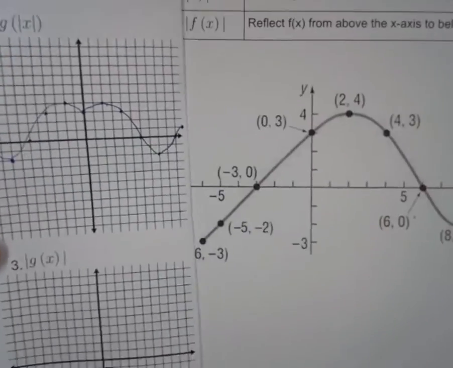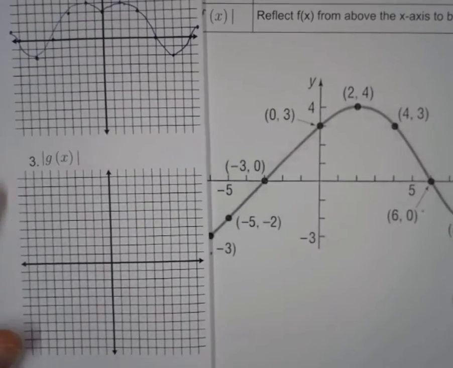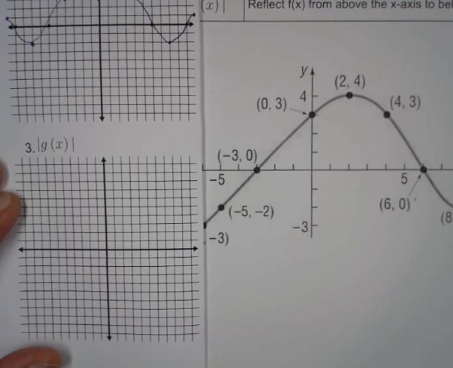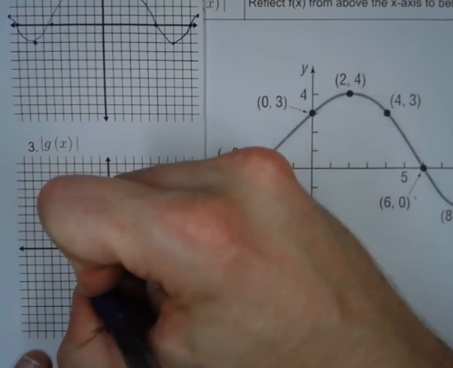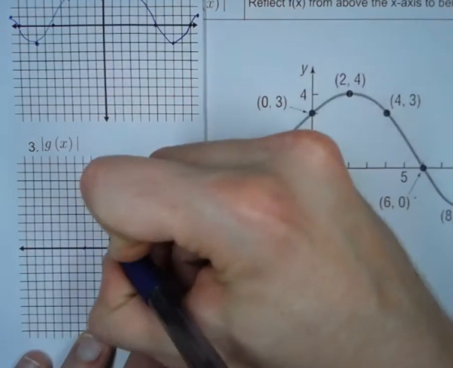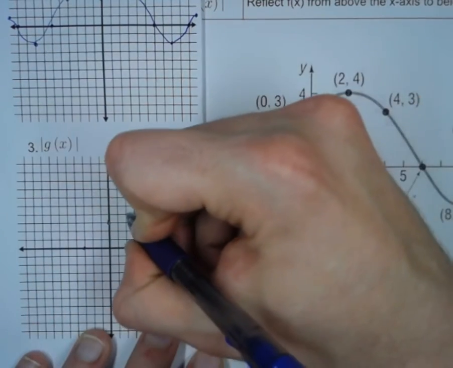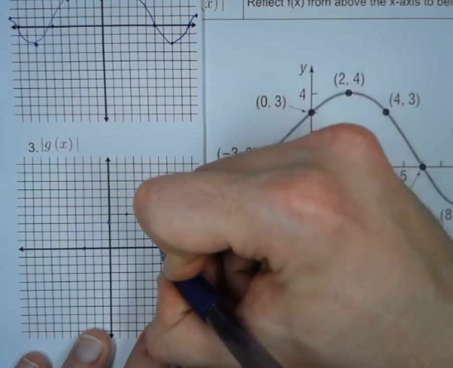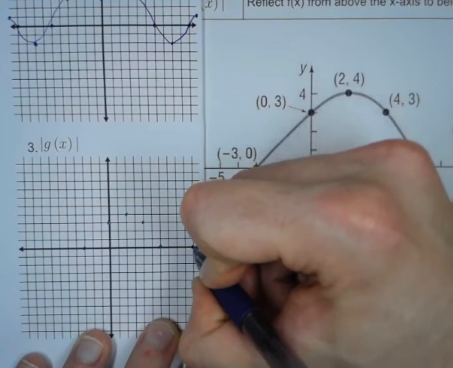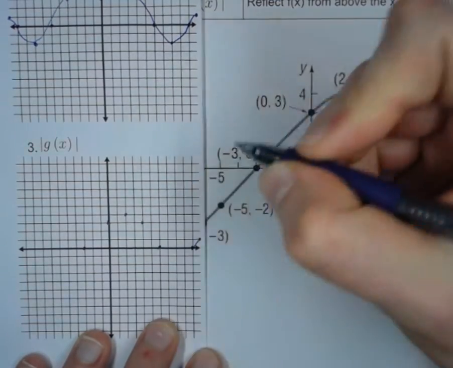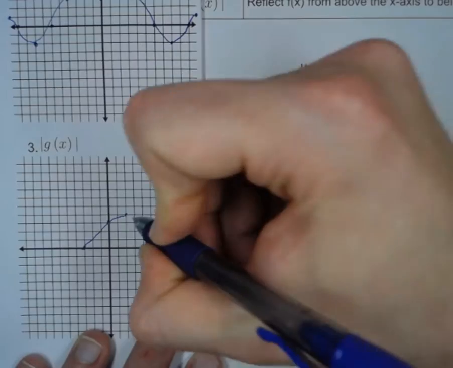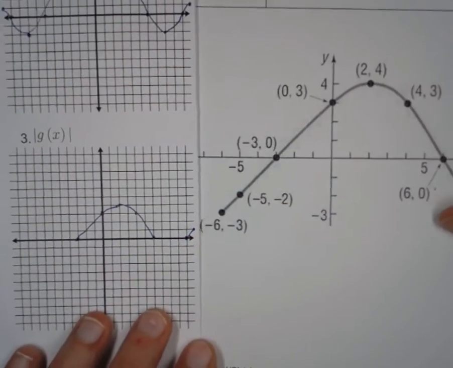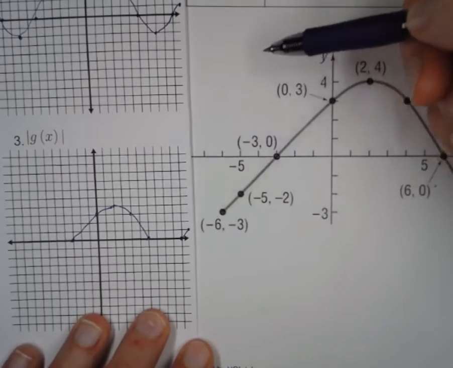Now the third graph, what's going to happen is I'm going to first copy anything that is above the x-axis, because that's not going to change. So (3, 0), (0, 3), (2, 4), (4, 3), (6, 0), (10, 0), (11, 1). So what I'm going to do now is any point that was below the x-axis is going to be reflected up.